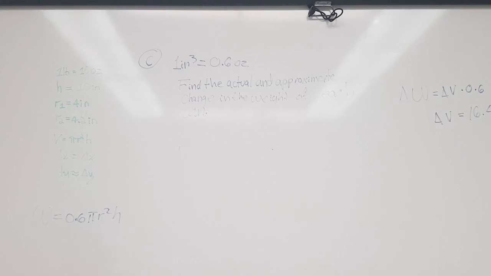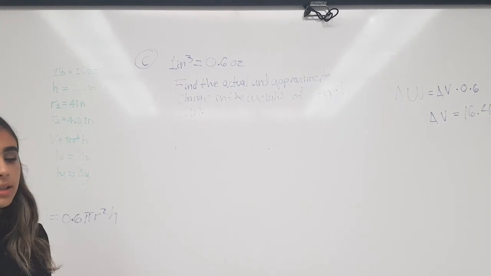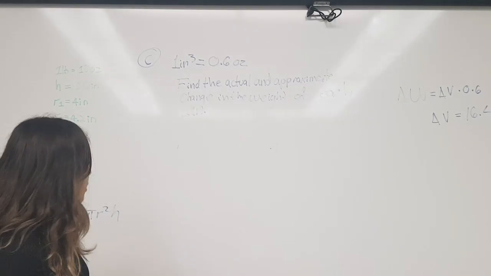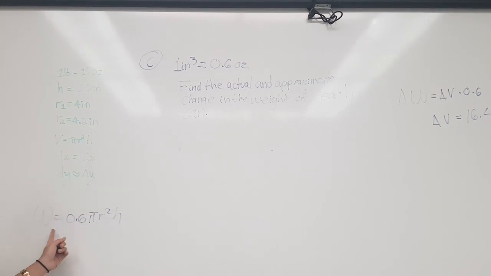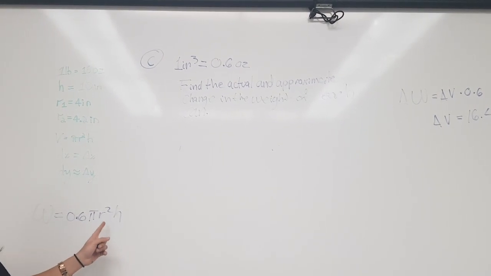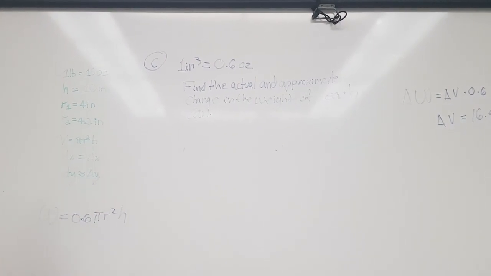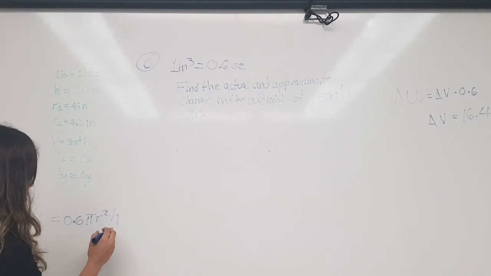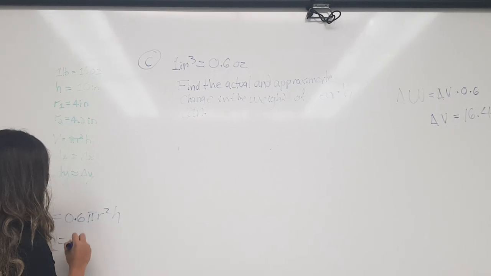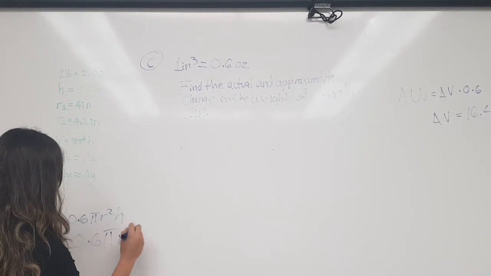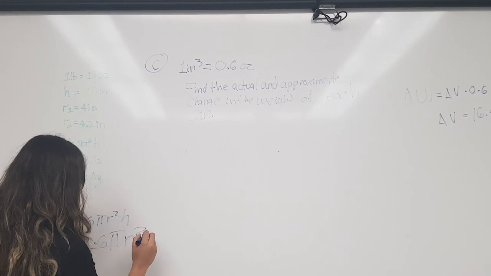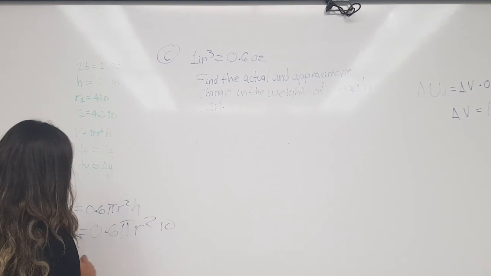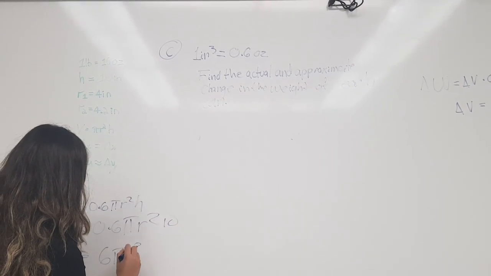The problem asks us now to get the approximate and the exact change in weight. The formula for that would be weight equals 0.6 pi radius squared times height. The height remains a constant, 10 inches. We can write this as 0.6 pi radius squared times 10, which is equal to 6 pi radius squared.